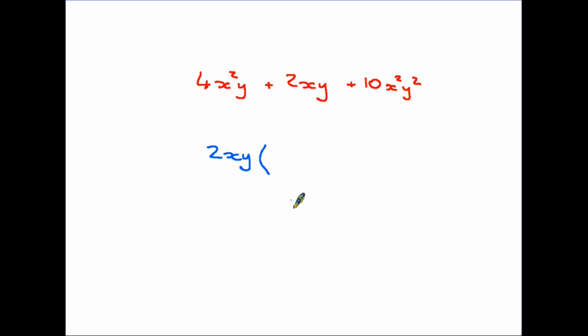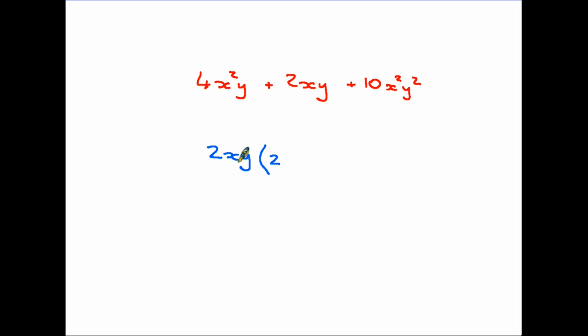We open the brackets. Now we take care. First, the number. The number in the first term is a 4. We've taken out a factor of 2. What do I need to get from 2 back up to 4? I need to multiply it by 2. Then look at the X. It's an X squared.